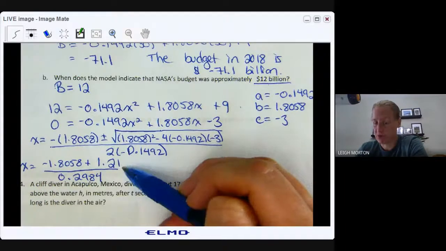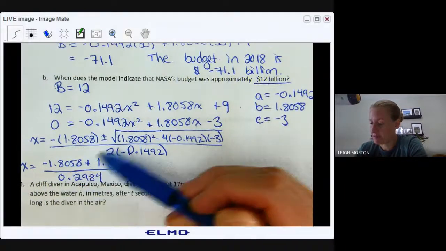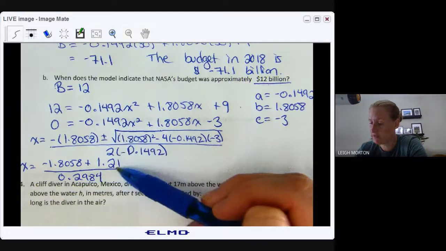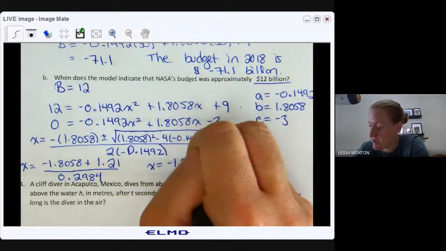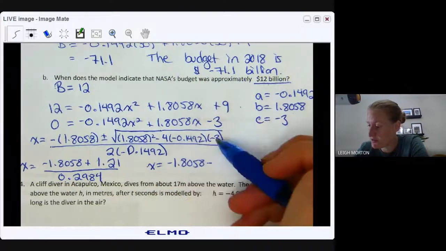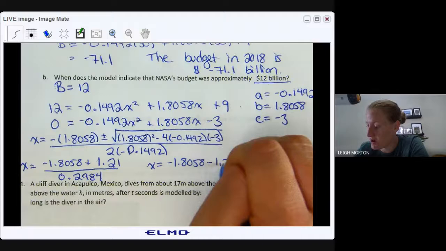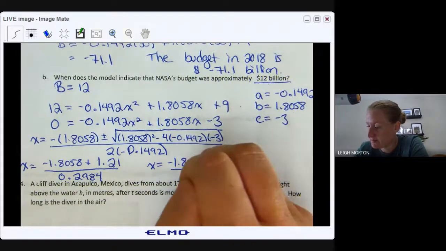So x could equal negative 1.8058 plus 1.21 divided by 2a, or x could equal negative 1.8058 minus the square root of our discriminant, so minus 1.21 over 2a.